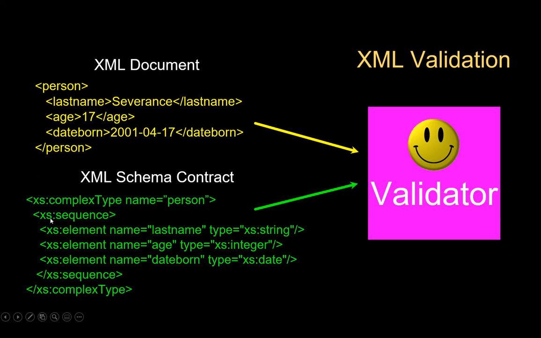And then we have a sequence, which means that we have a couple of other branches coming off this root tree that we have. So we have the last name, which the type of it is going to be string. We have age, which is going to be integer, and we have date born, which is going to be date. So these are the information that we have. We have the last name, age, and date of birth, which complies with the schema contract that we have here.